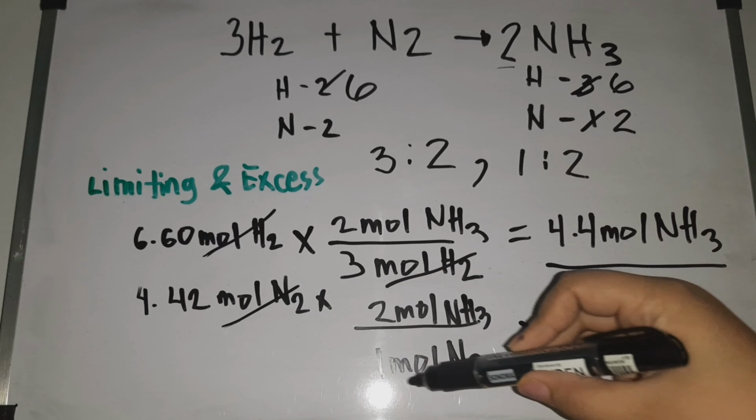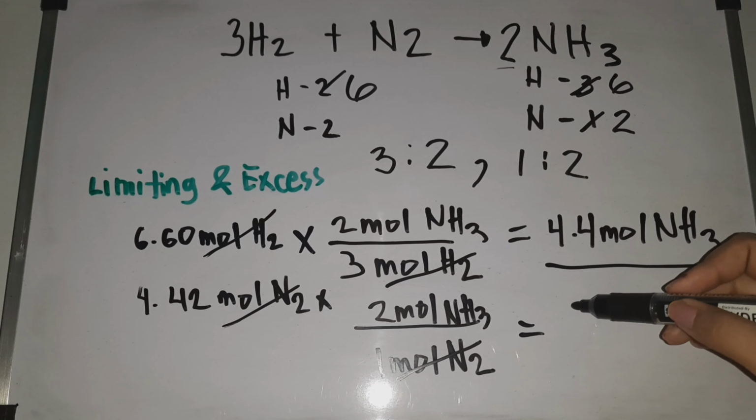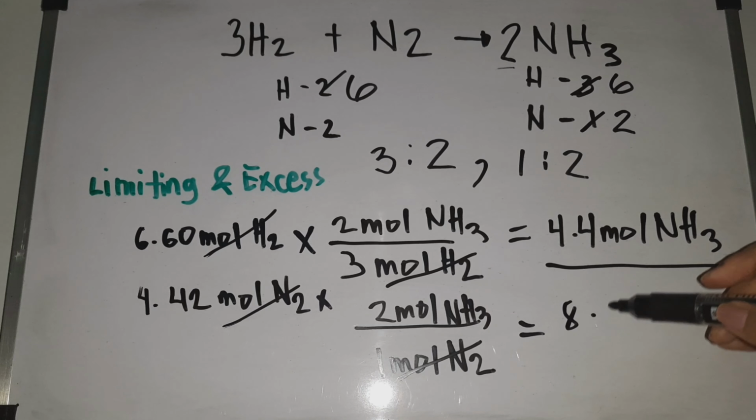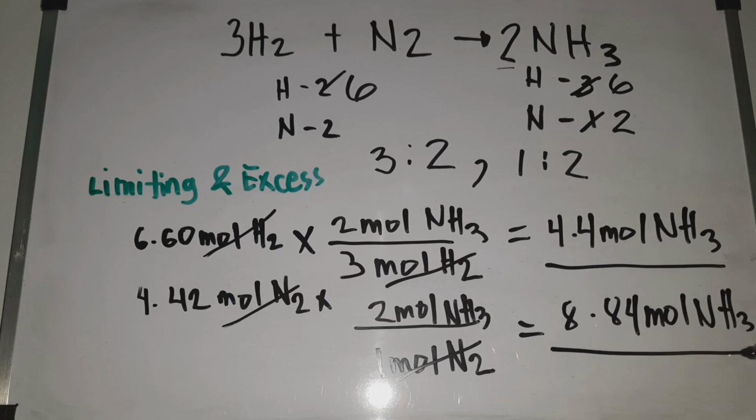Cancel the mole of N2. So 4.42 times 2 divided by 1. The answer is 8.84 mole of NH3. If we use 4.42 moles of N2, the product of NH3 will be 8.84 mole of NH3.